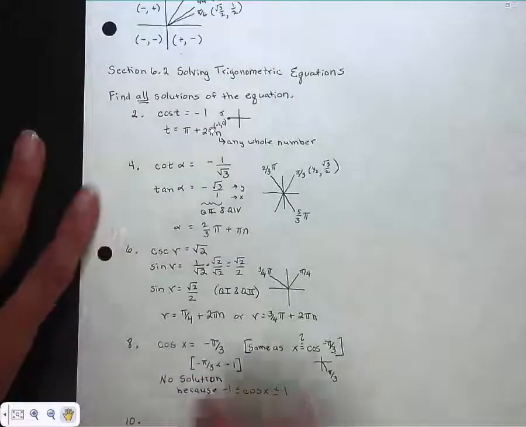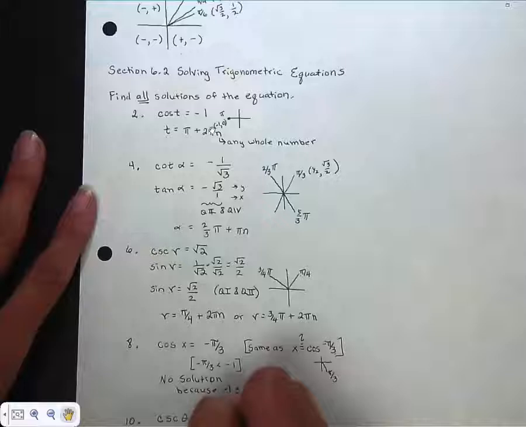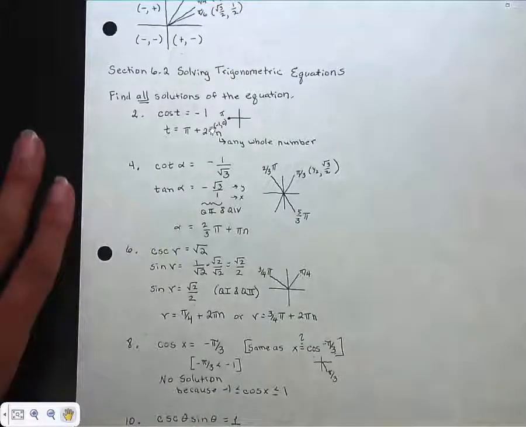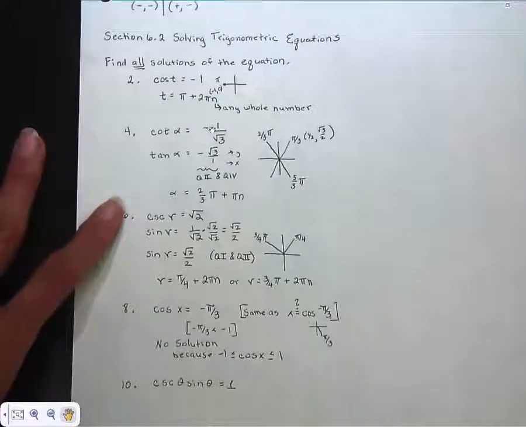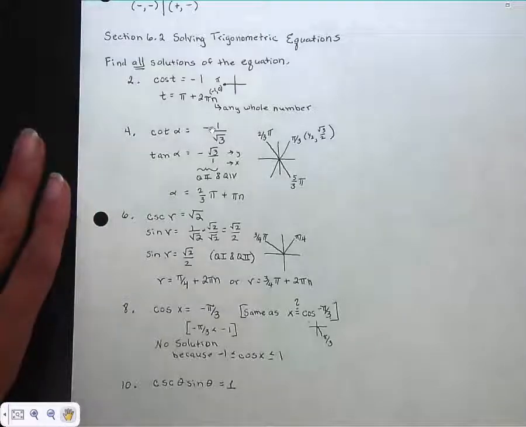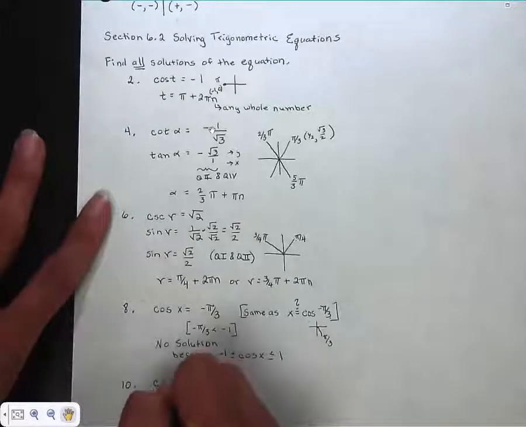Number 10 is cosecant theta times sine theta equals 1. First thing I notice is cosecant theta is the same as 1 over sine theta.